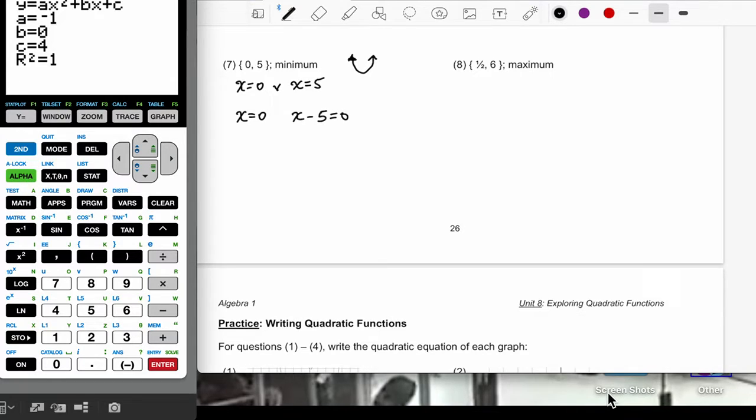When we were solving a quadratic, you take your factors, set them equal to 0, and solve. So unsolve, and then untake your factors and set them equal to 0. So my two factors here are x and x minus 5. Those would be multiplied and set equal to 0.